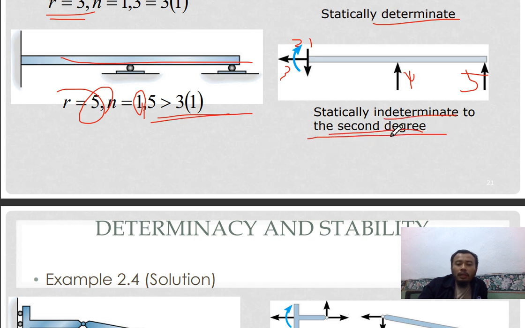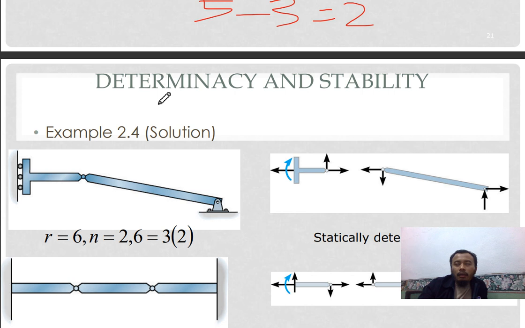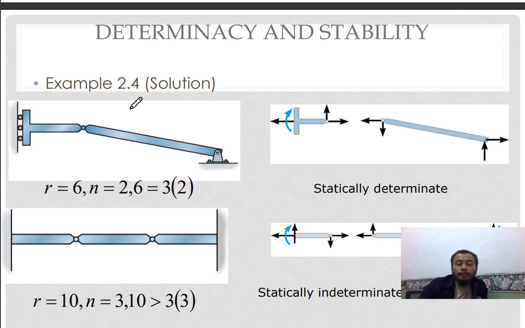How we get second degree is 5 minus 3. So you're lacking 2 more equations. If you have another 2 equations, you can solve this structure. It doesn't matter where you put the load. As long as this is satisfied, we can solve the equation.